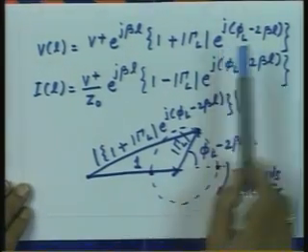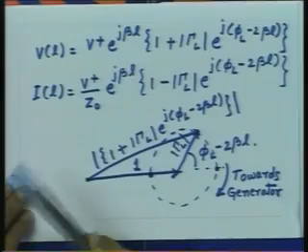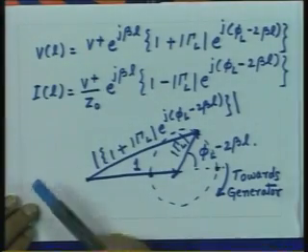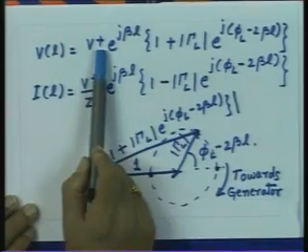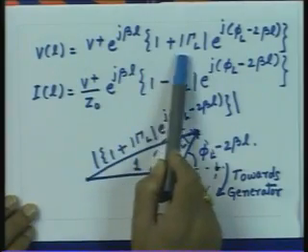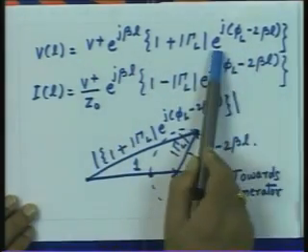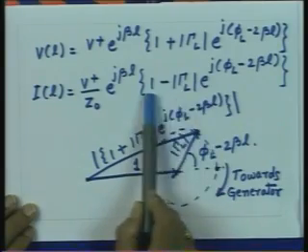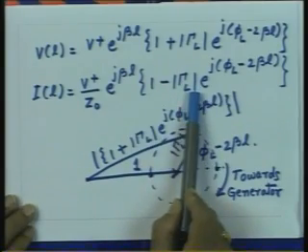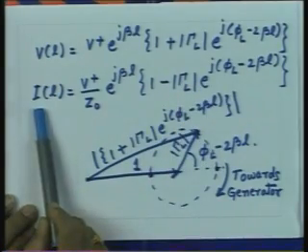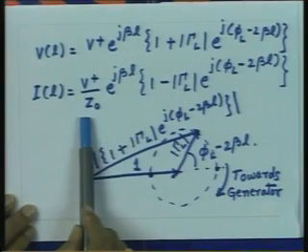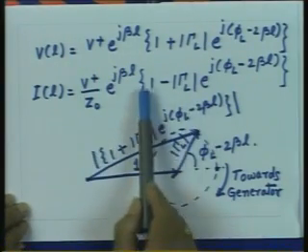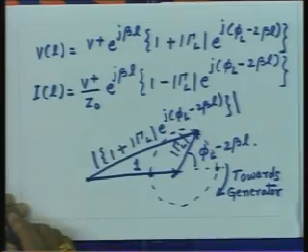If I go to the location where the voltage is maximum, that means this quantity is plus 1, the voltage will be mod of V plus multiplied by 1 plus mod gamma L, because this quantity is plus 1. At the same location, I will have the current which will be minimum, as we saw. So, this will be I L mod of V plus divided by Z0, and Z0 is real now since the line is lossless, 1 minus mod gamma L.